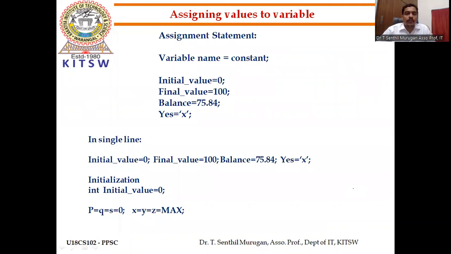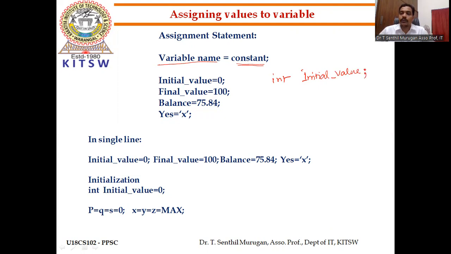So now how are we assigning the values? I told you, the variable name should be there, equal to, a constant value should be there. So even at variable declaration we can assign the value, or after declaring the variable we can assign the values. For example, int initial_value.